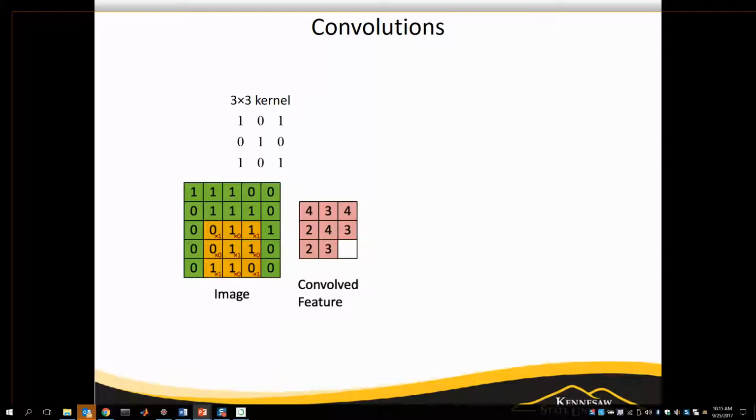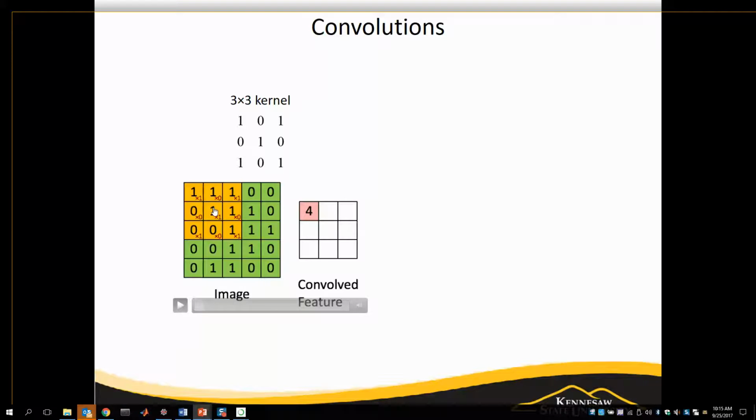Now, generally what we're after is a value for every pixel in the image. But because of the way we start, let me go back to the beginning. If I put the kernel in the image, I get something where the kernel is centered at this pixel. And so that 4 is associated with the center of the kernel.